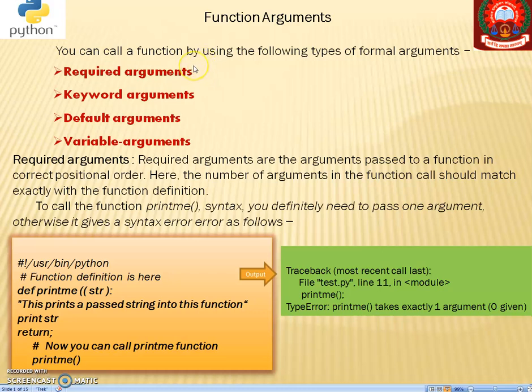From the exam point of view, you have to remember all these arguments, and they play a role when you call the function. You can call a function by using the following types of formal arguments: required argument, keyword argument, default argument, and variable argument.